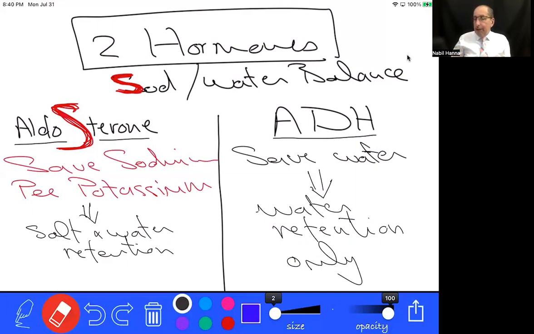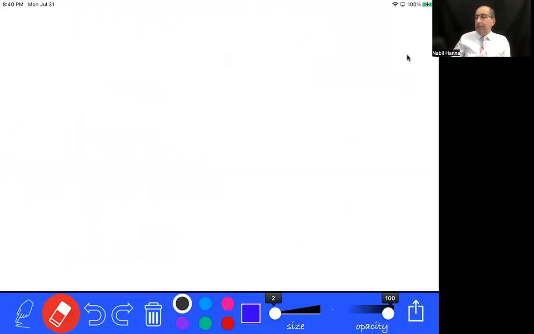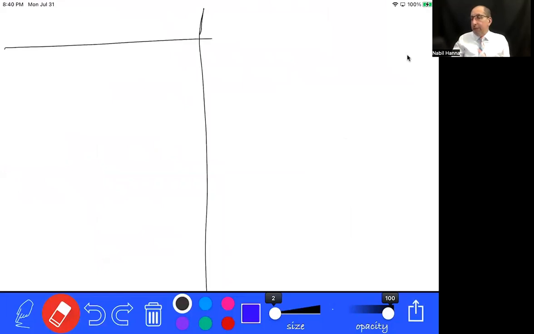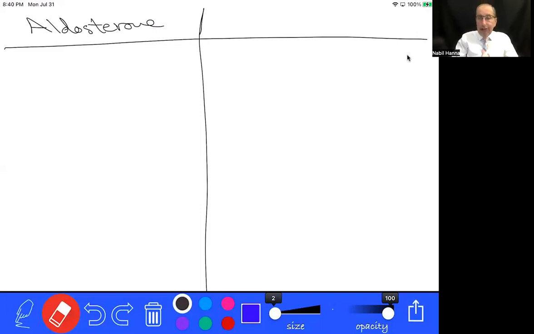So let's keep talking about each one of them and the role of each one of them. Aldosterone. This hormone comes from the adrenal cortex, the outermost layer.